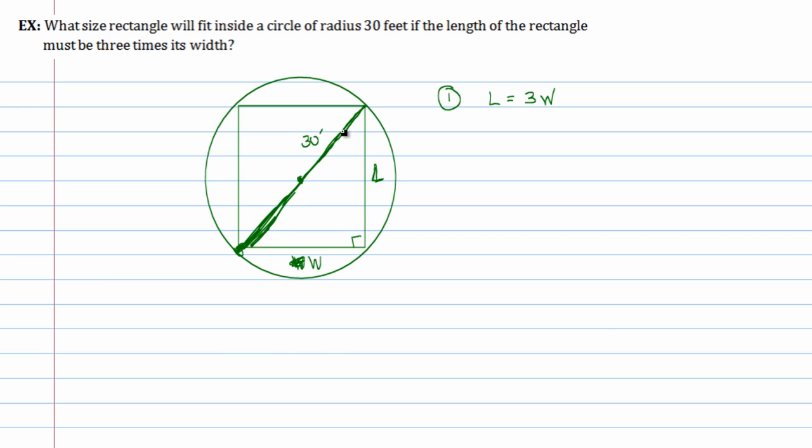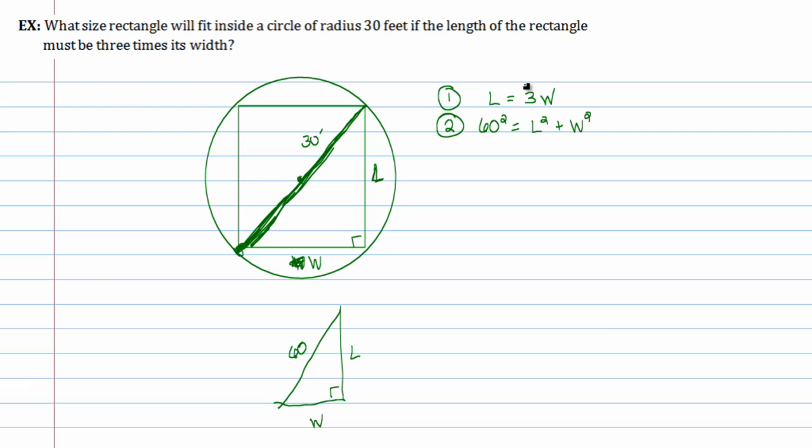If the radius is 30, then this total length that I've shaded in should be 60. So if you look at that as a triangle, that should be 60, that should be L, that should be W, and this should be a right angle. And now I see I have a second equation because the Pythagorean theorem gives me that 60 squared should equal L squared plus W squared.